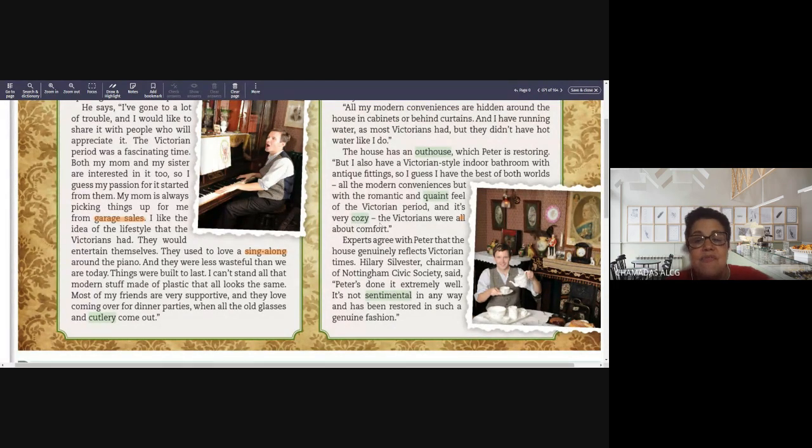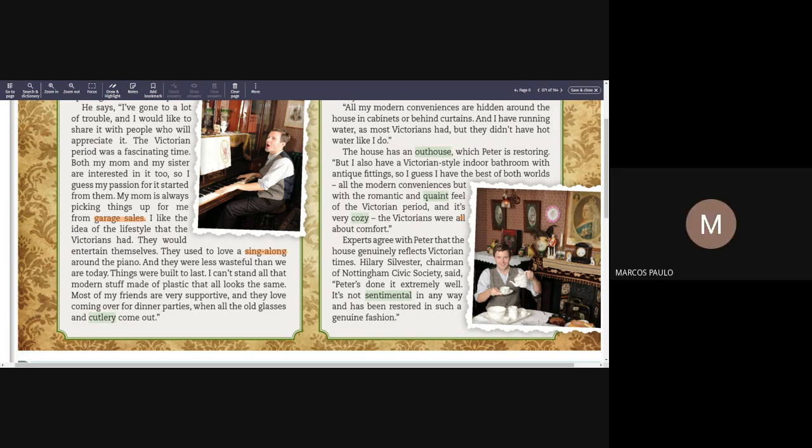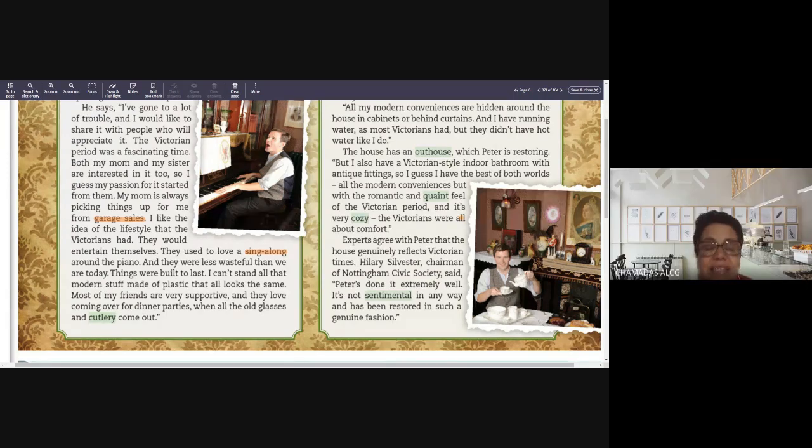And it's very cozy. What do you understand by cozy? Something comfortable to stay at, when you feel warm, a good feeling. Yes, exactly.